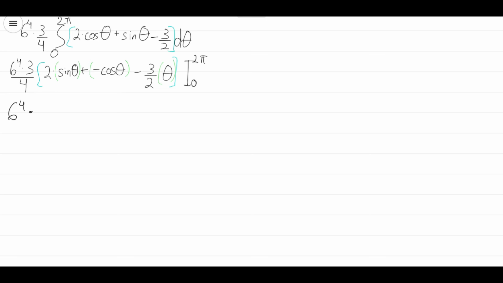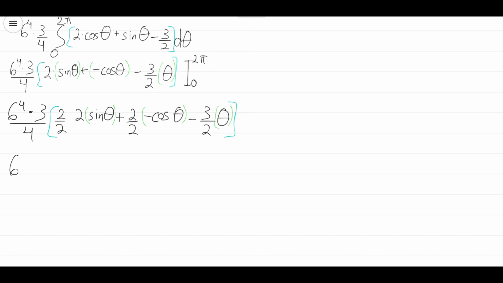So now we're going to have a common denominator of 2 from each term, so we can simplify this a little bit. So we know 2 over 2 times 2 sine theta plus 2 over 2 times negative cosine theta minus 3 over 2 theta.